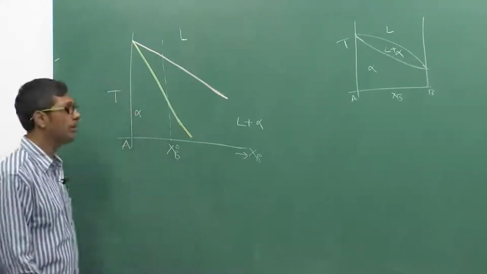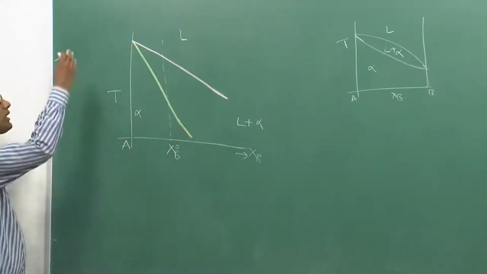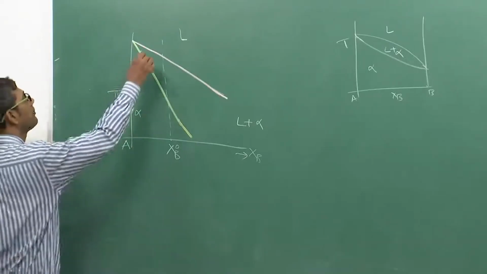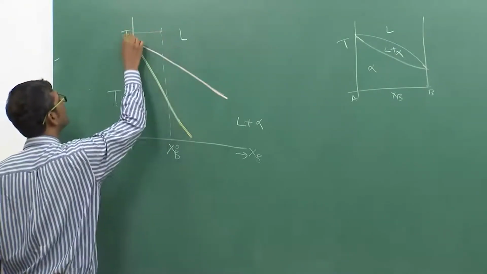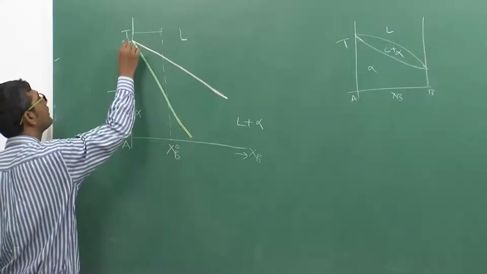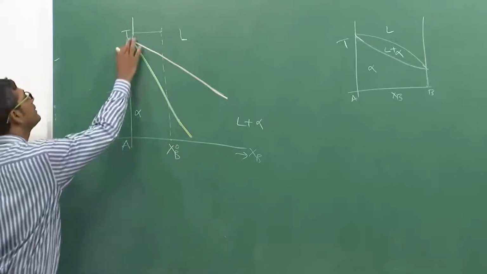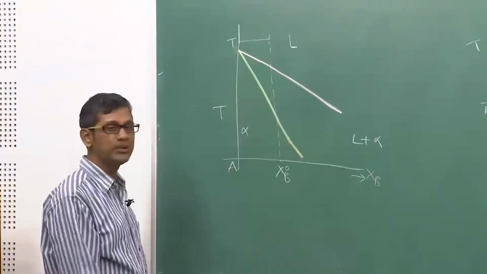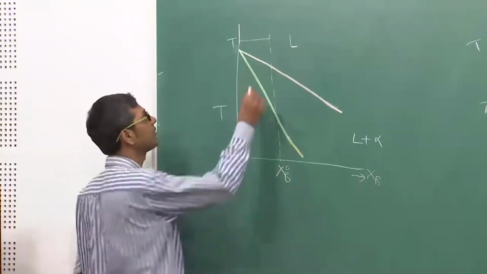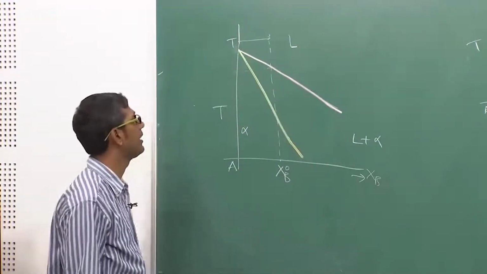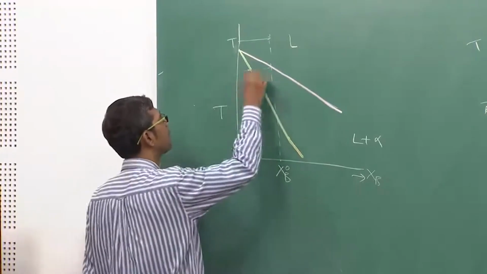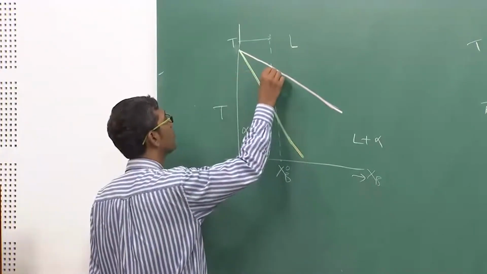So what will happen if I start cooling it down from the liquid? Suppose I have a temperature somewhere there, I start with that. This is my liquid temperature. As you see, if I cool it down till this temperature, the temperature line and liquidus curve cross over.